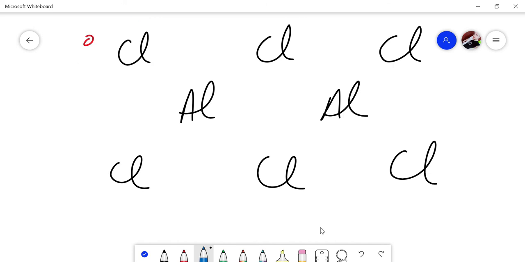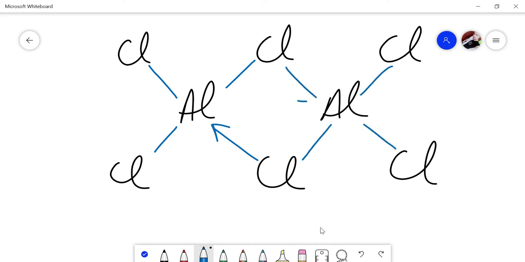Now see: normal covalent, normal covalent, normal covalent, and dative covalent. Normal, normal, normal, and dative. Are we clear with this? Yes, sir.